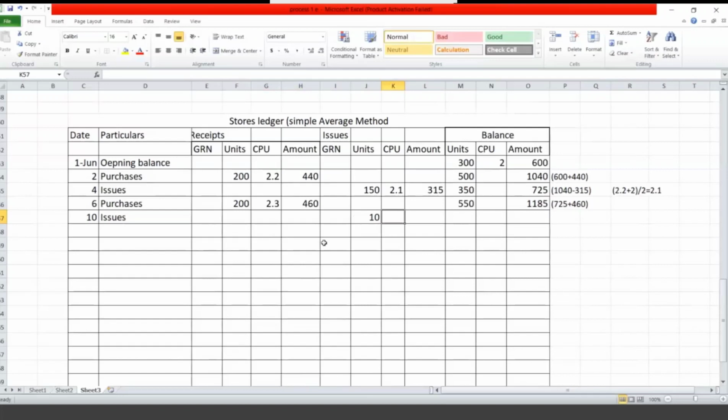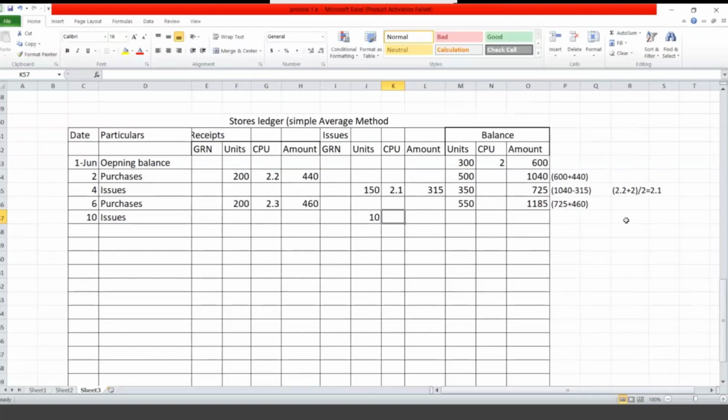Now check it out. In this 550, what prices were involved? Already 2 rupees is there for 300 units. How much have we issued? Only 150 units. So from the 300, that cost per unit is still pending. And again you have received at 2.2 and 2.3.